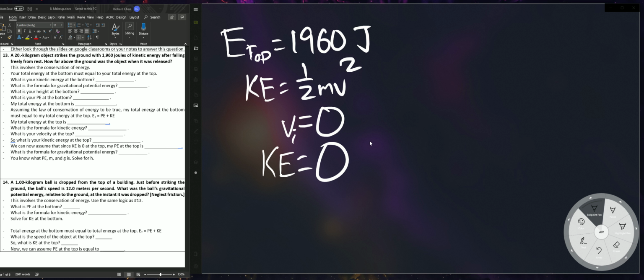Okay. Now that we can assume that since kinetic energy is 0 at the top, what is my potential energy at the top? Because we know that the total energy at the top is 1960 joules, right?